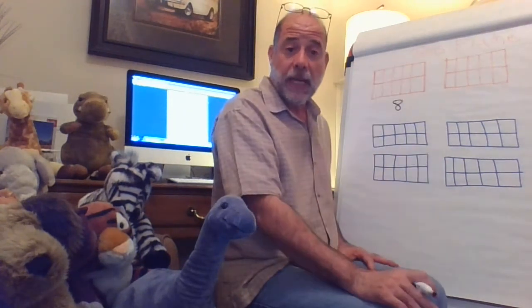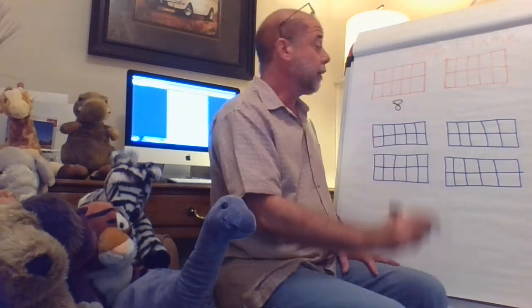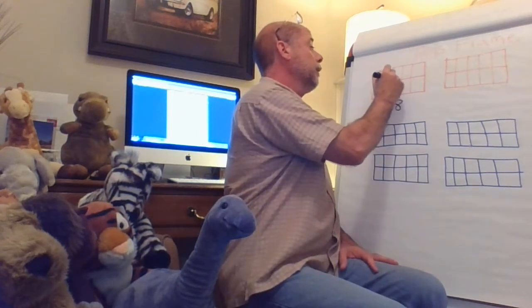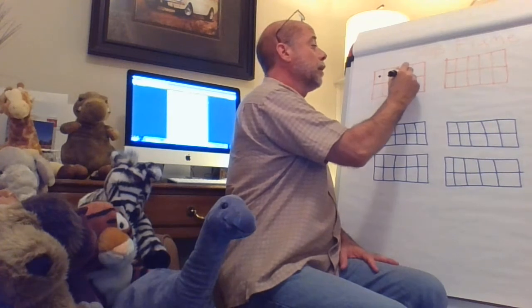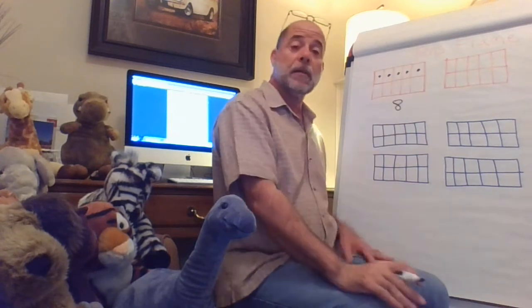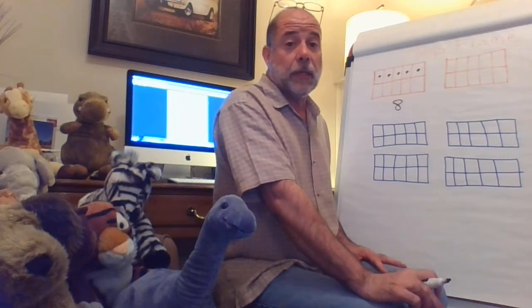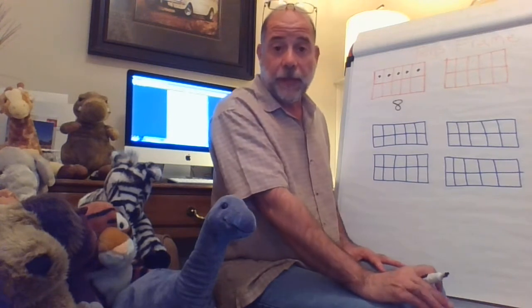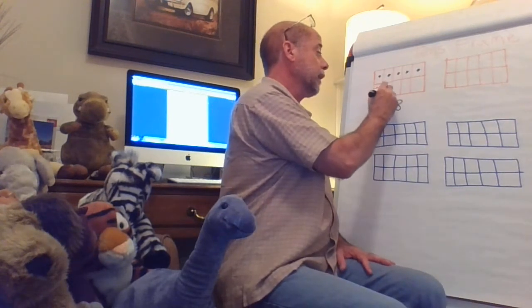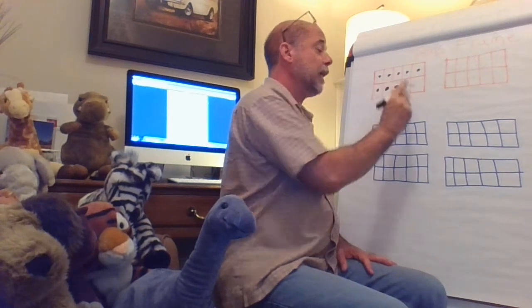I want to represent 8 using a tens frame. So what I need to do is fill up the frame. 1, 2, 3, 4, 5. If I know the top is 5, and I know that 5 plus another number equals 8, I just have to figure out what that other number is. 5, 6, 7, 8.